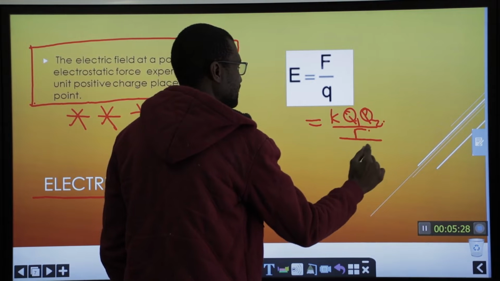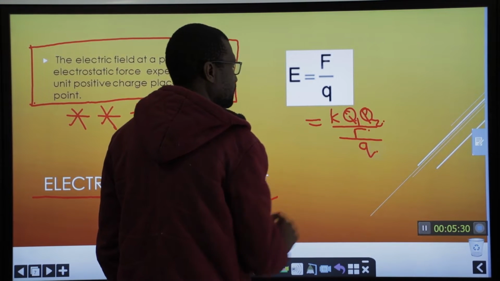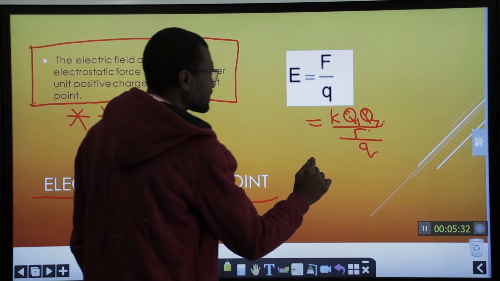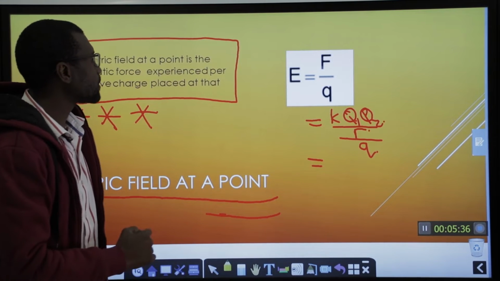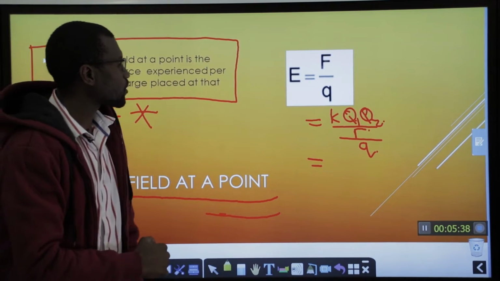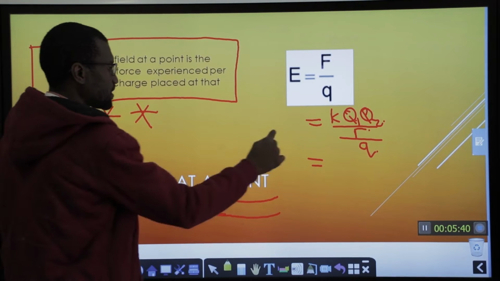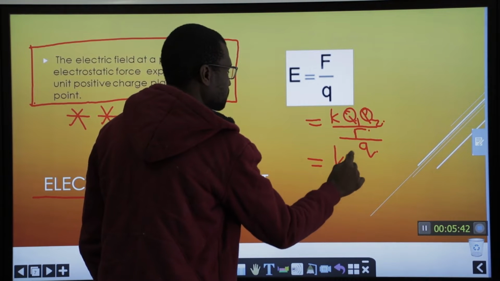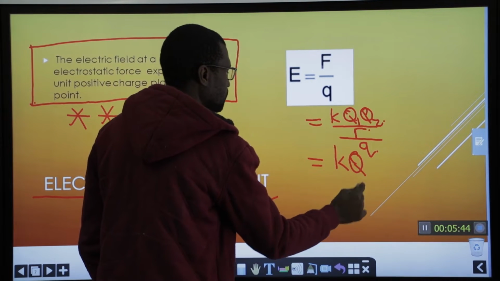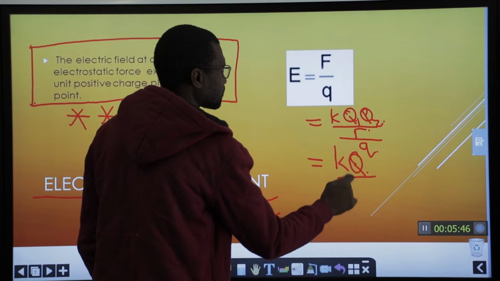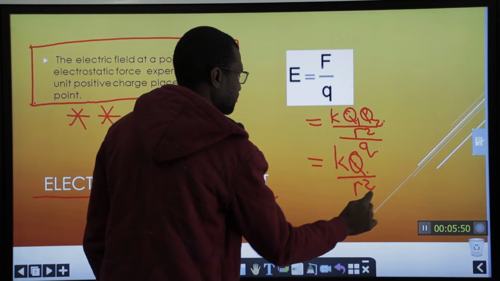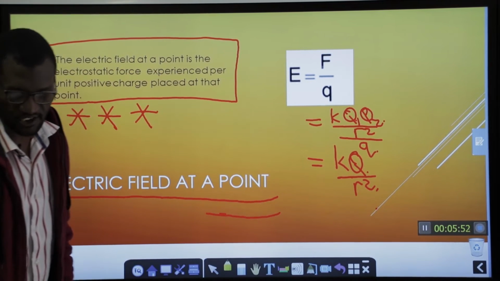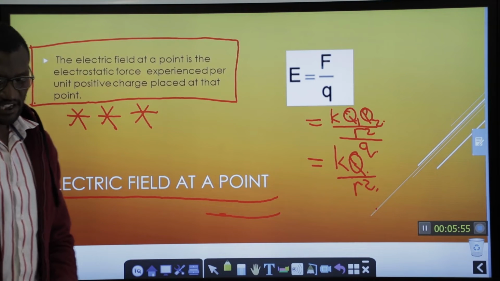And in this instance, it's being divided by another Q. We can safely bring this equation to say that E is equal to F over Q, or it's equal to K multiplied by Q that causes the electric field over r squared. Here is another representation of that particular equation.